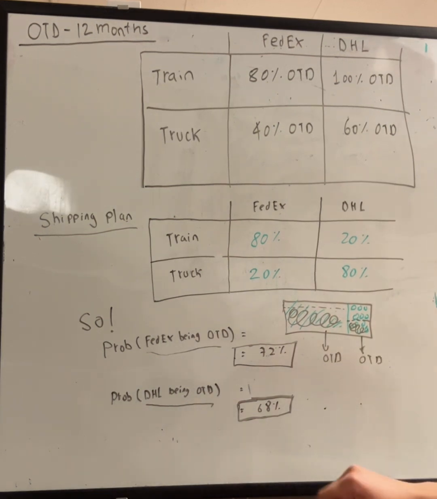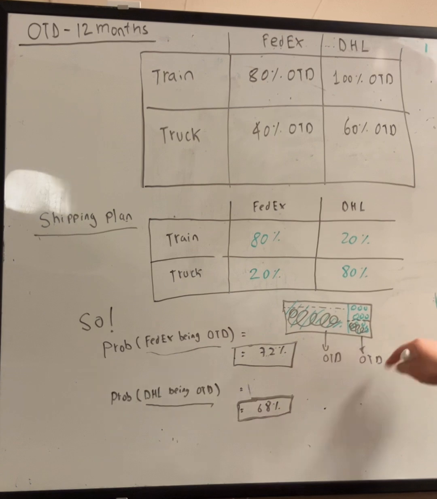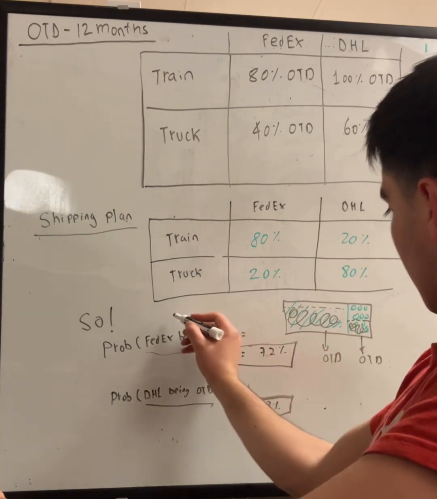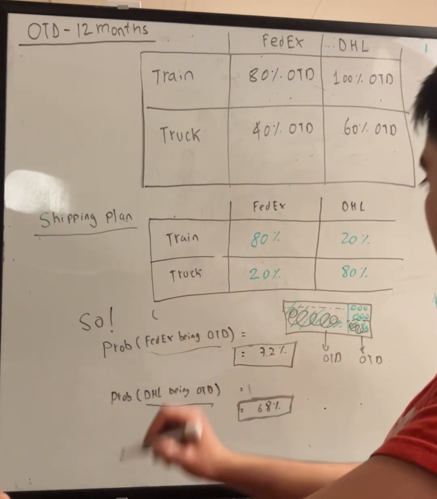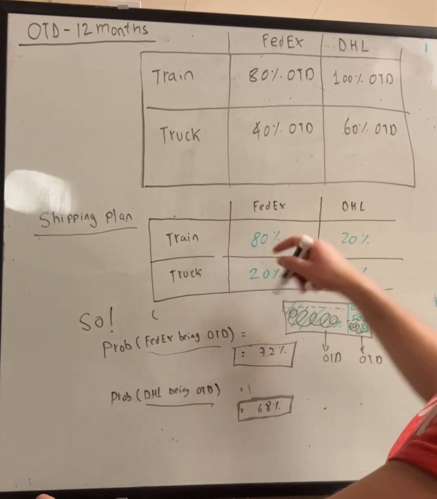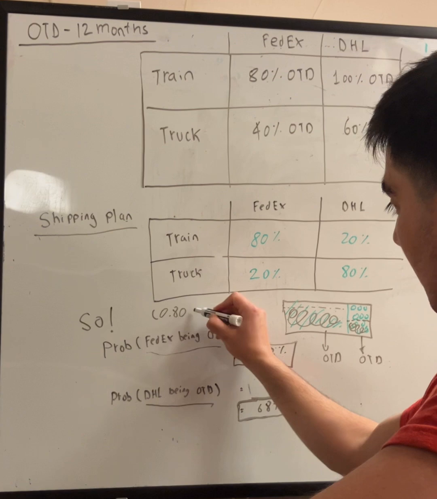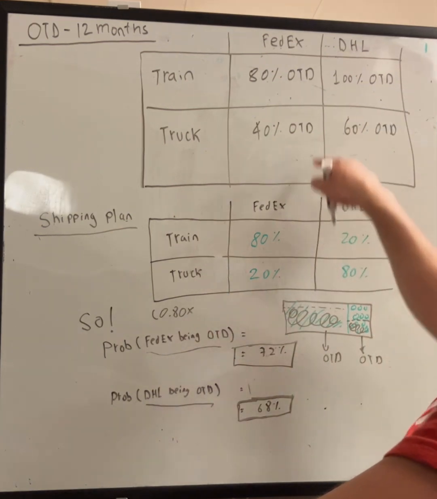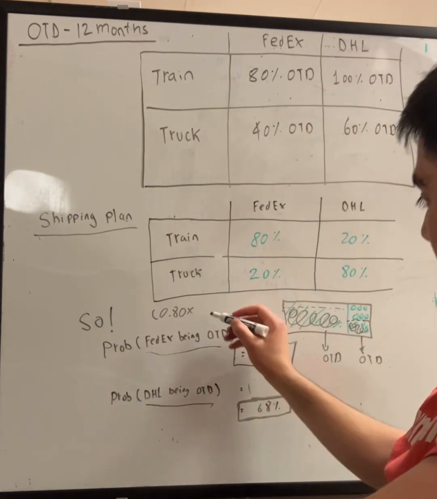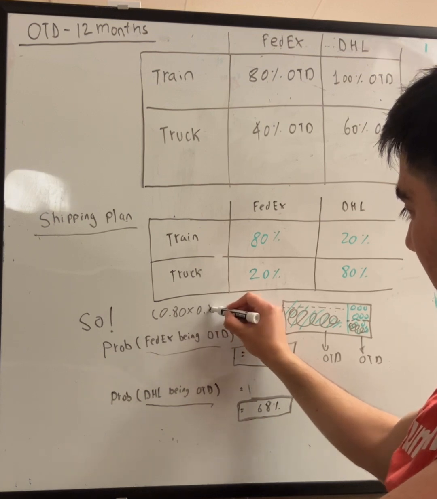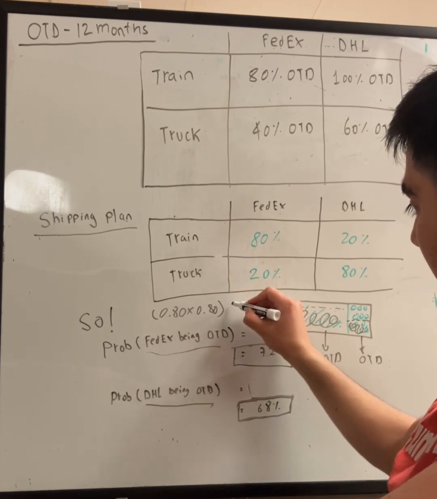So how do we calculate this? Simply by taking the train rate, 80%. Out of that 80%, 80% is on time, so times 80%. We're taking that portion of it.